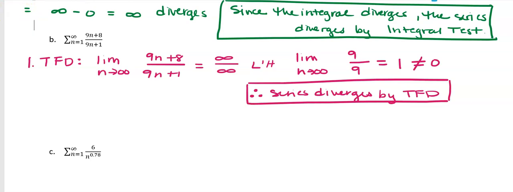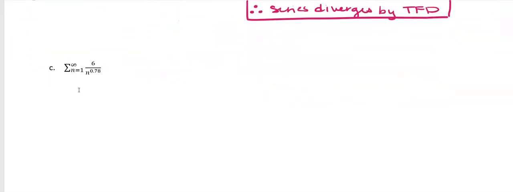Okay, let's do 4C. So 4C is the series from 1 to infinity of 6 over n to the 0.78 power. Now, if I were to try this using the test for divergence, and hopefully you're seeing that this is actually going to be something special, and not necessarily a test for divergence.